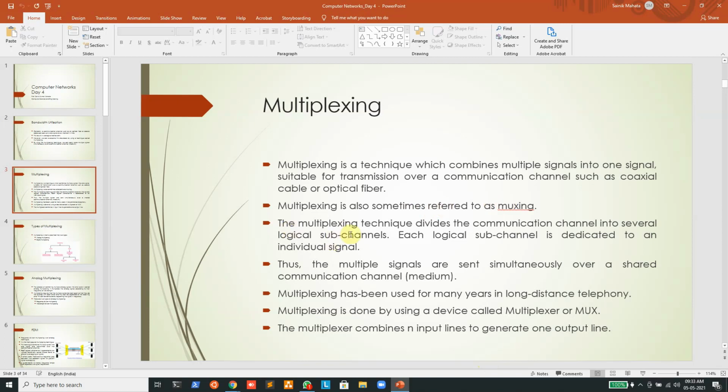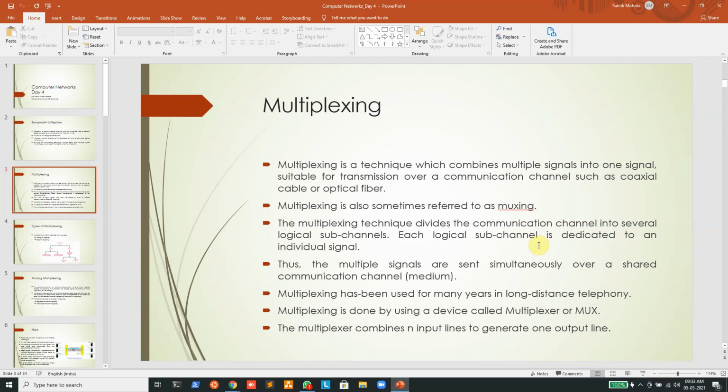The multiplexing techniques divide the communication channel into several logical sub-channels. How we do this, we will see in the later half of the slide. Each logical sub-channel is dedicated to an individual signal. Suppose there are three computers which want to send data to some point on the opposite side of the communication channel.